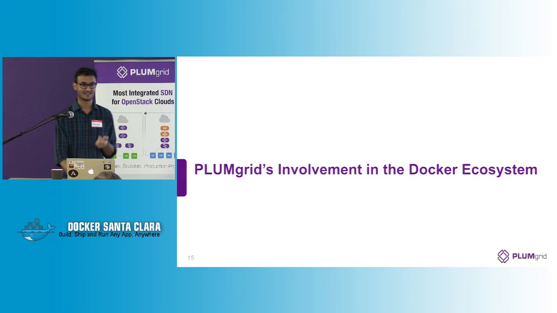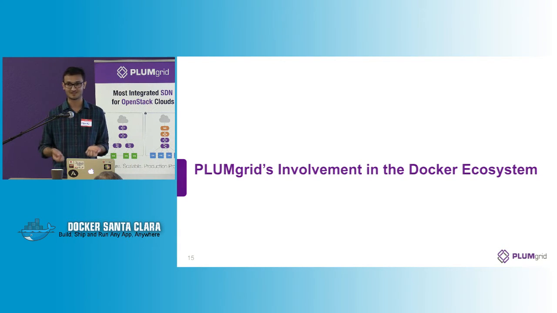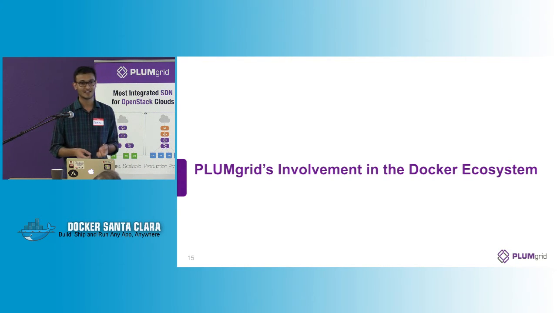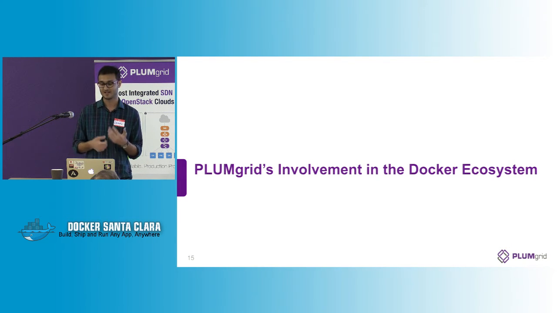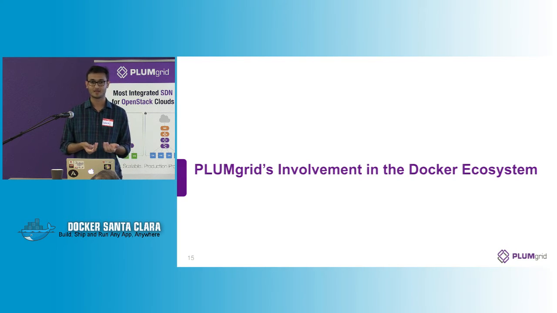As I mentioned, we are an SDN company, and we provide networking for VMs, containers, and bare metals. We have this notion of virtual domains, which are like logical data centers, where you can provision any arbitrary network topology and have in-kernel distributed network functions like bridging, routing, load balancing, policies, NAT, anything that you want. All of this is based on a technology called IOVisor. There's a poster over there called IOVisor.